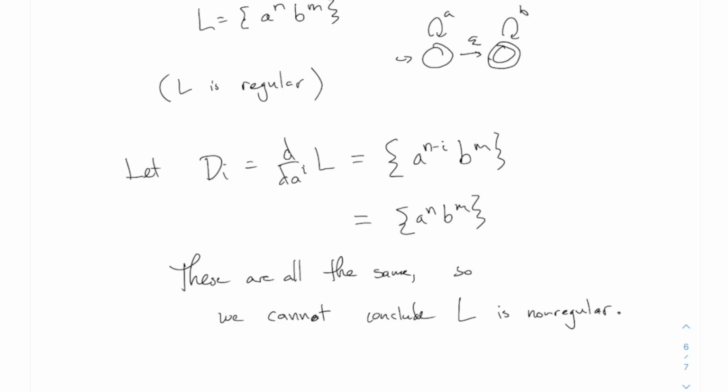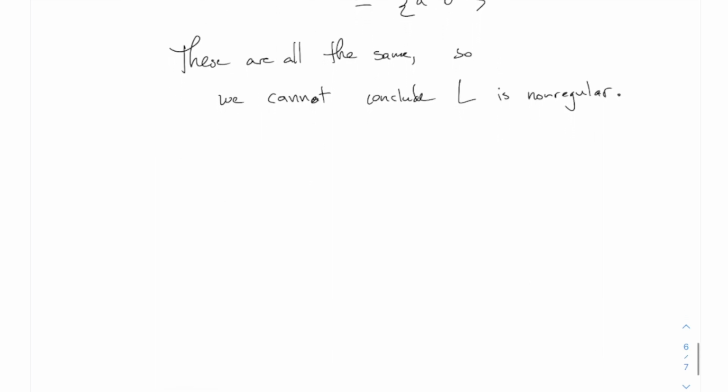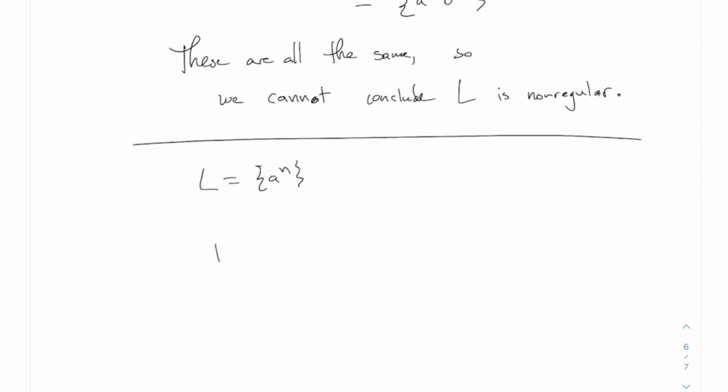All right. The same thing will happen if you try to do something like L equals a to the n. The natural thing to try would be the derivative with respect to a of L, which would be a to the n minus i. But that's just equal to a to the n again, right? And so you didn't get anywhere by taking all those different derivatives.